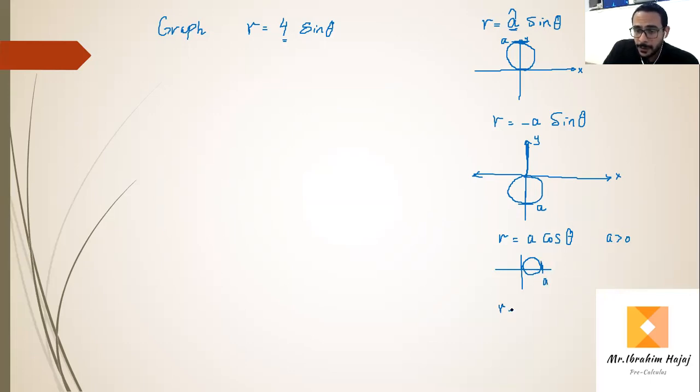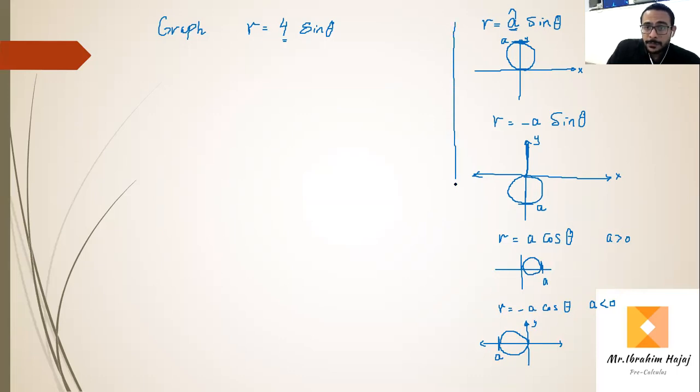And if r equals negative a cosine theta, meaning a is less than 0, your circle will be to the left of the y-axis, in the negative part of the x-axis, okay? And here, this will be a.